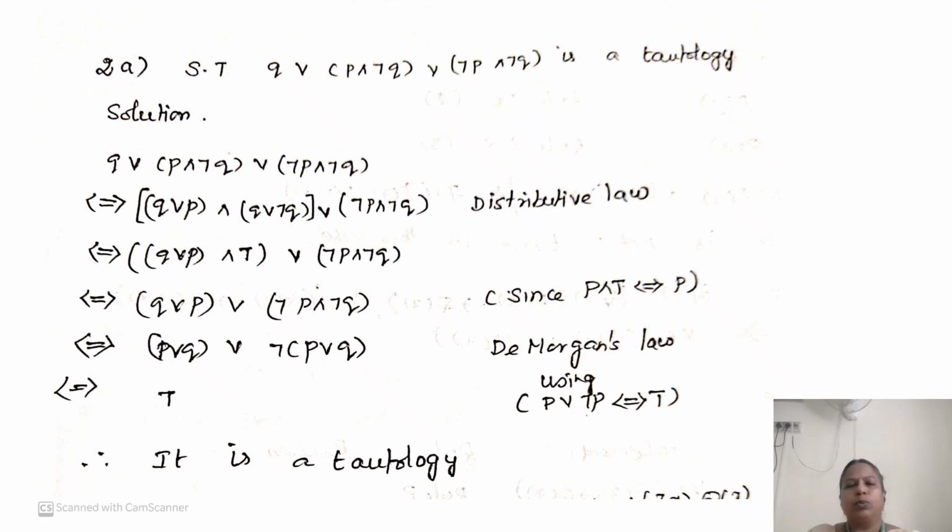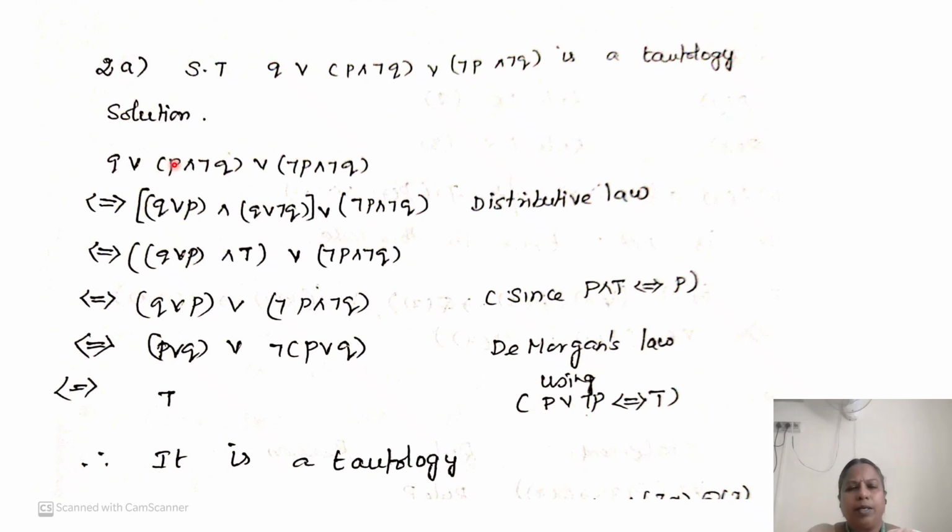And some more examples we have for tautology. (Q ∨ P) ∧ (Q ∨ ¬Q) ∨ (¬P ∧ ¬Q) is a tautology. We take the left hand side.